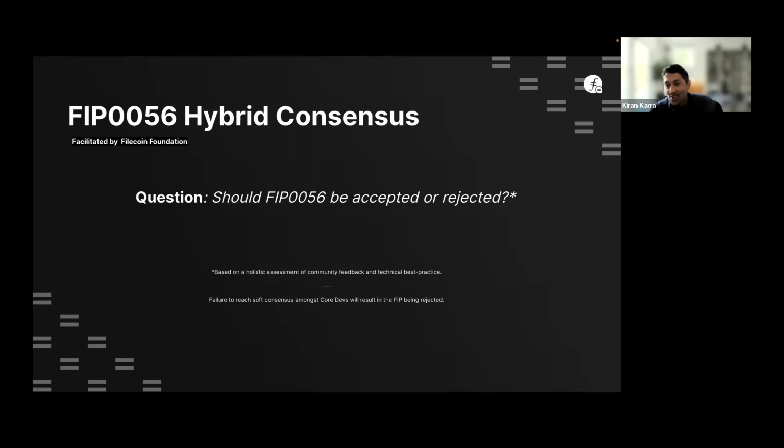Sure. So I think Molly addressed some things that I was going to say the counterpoint to, but I'll just say it since I'm on the air now. My personal opinion is that we should accept this FIP, but I understand the governance perspective. I think we can assume that most people participating in the network are going to be pretty self-interested and push for decisions that are advantageous to their own personal economics rather than necessarily what's good for the network.